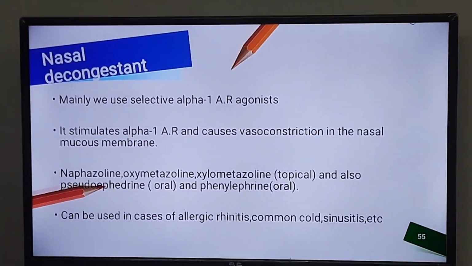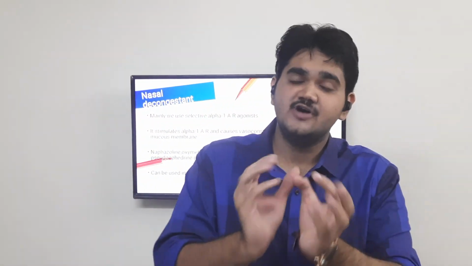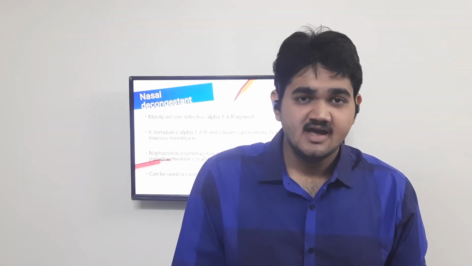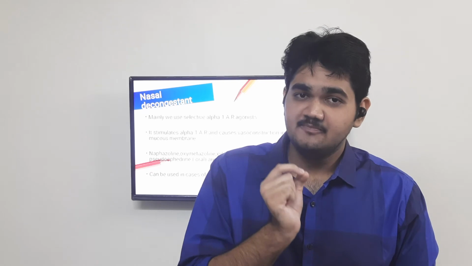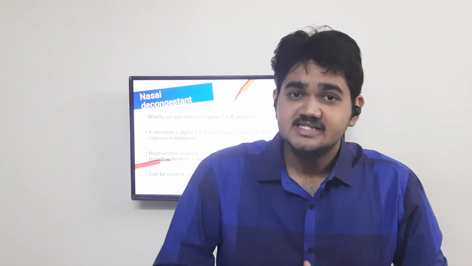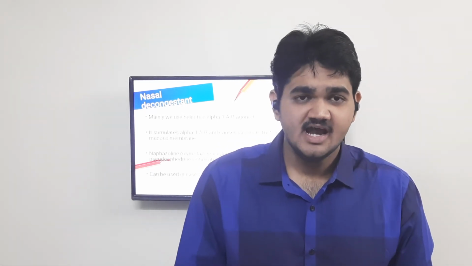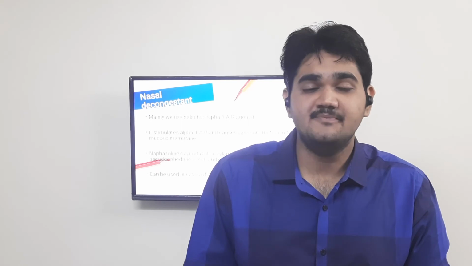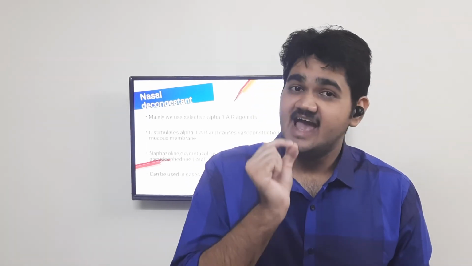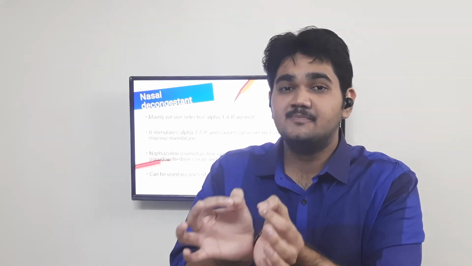Now, let's move on to the next drug. This drug is very funny. Why? When this drug stimulates the adrenergic receptor, our sympathetic outflow is getting reduced. Now, when we were studying adrenergic receptors, we saw a receptor which is acting like a brake.